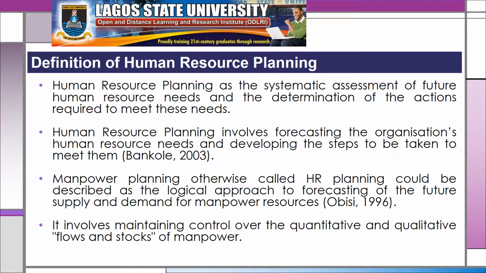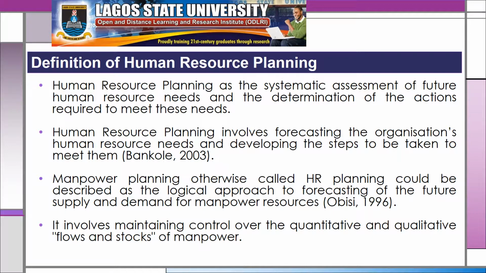Just like Bankole mentioned in 2003, he refers to human resources planning as involving forecasting the organization's human resource need and developing the steps to be taken to meet this. He argues that organizations need certain steps to achieve some predetermined goal.